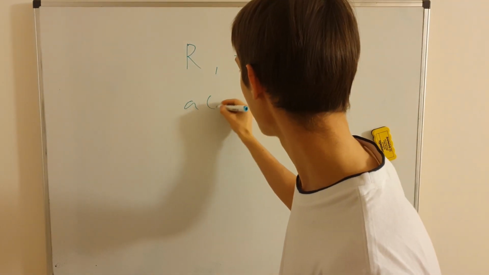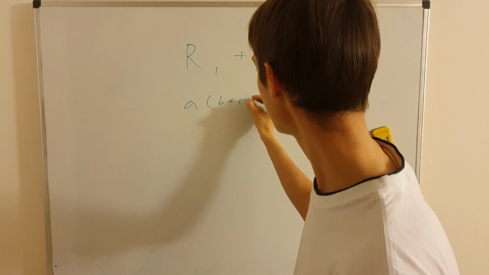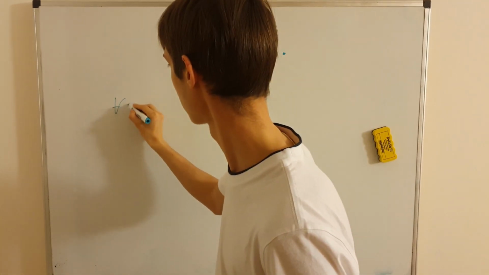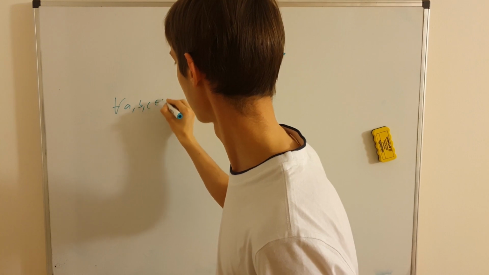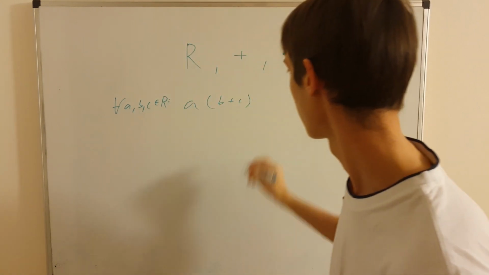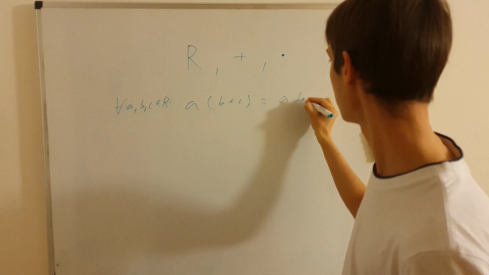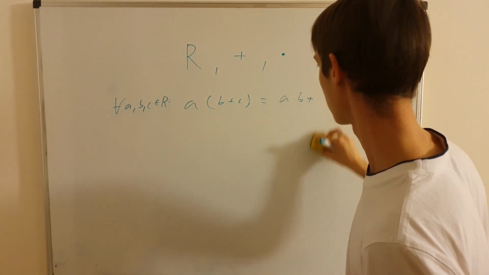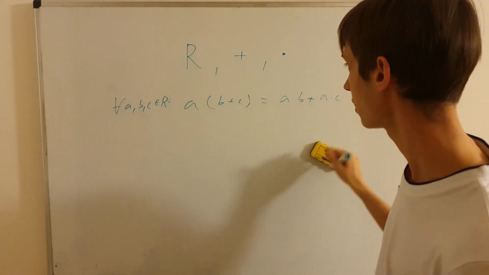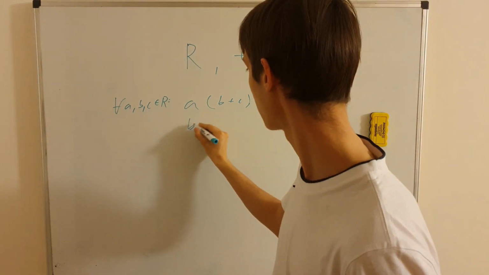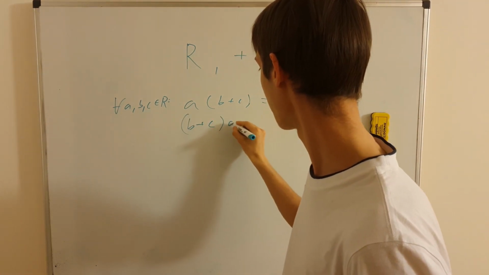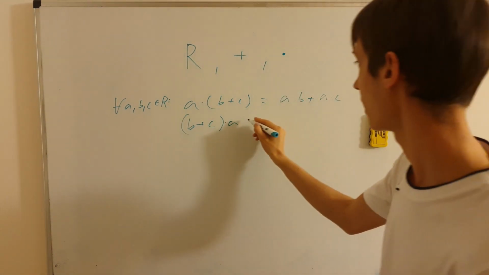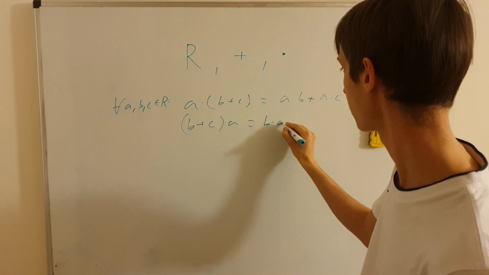So when we have A times B plus C, it will equal A times B plus A times C, and if I switch this, B plus C times A on the outside, then it will follow the usual rules as one would expect.